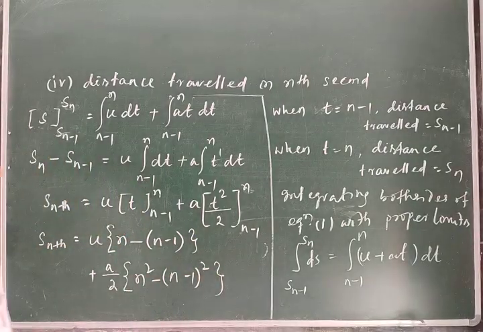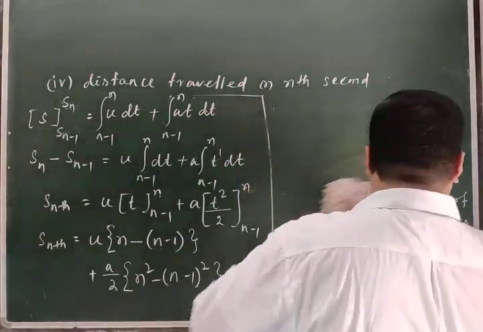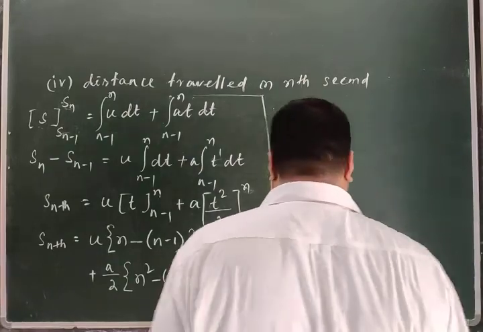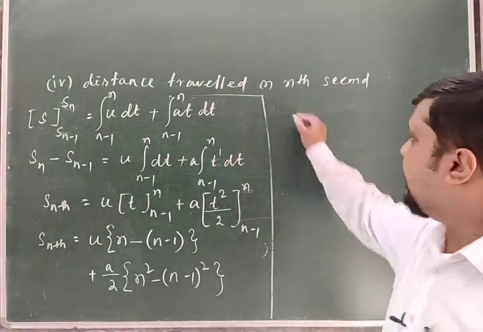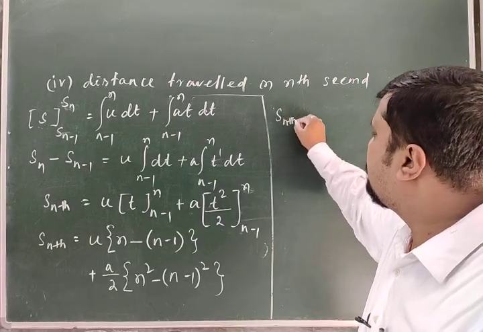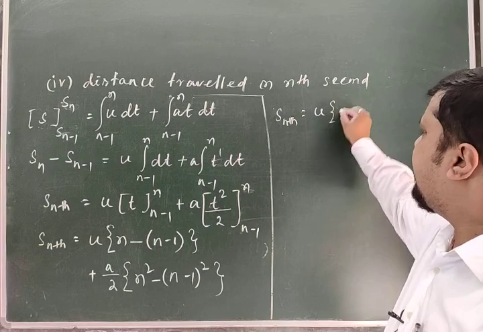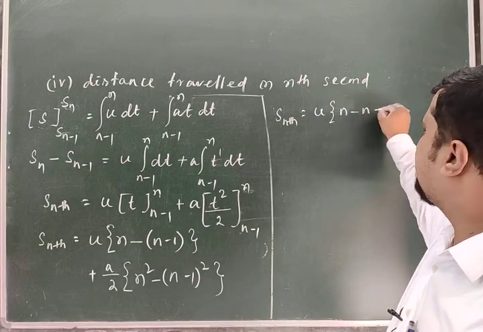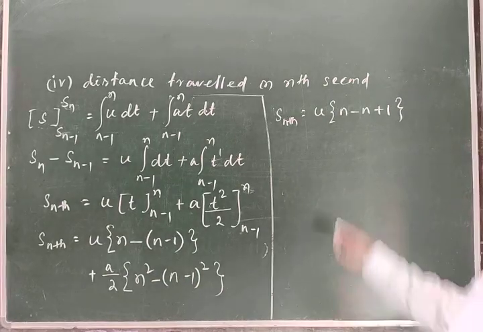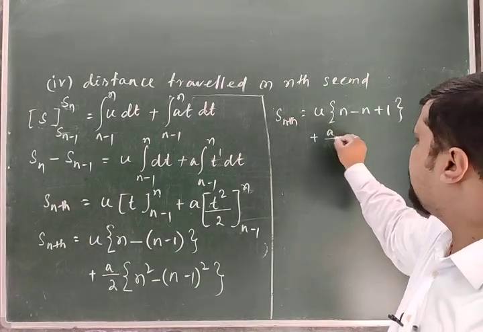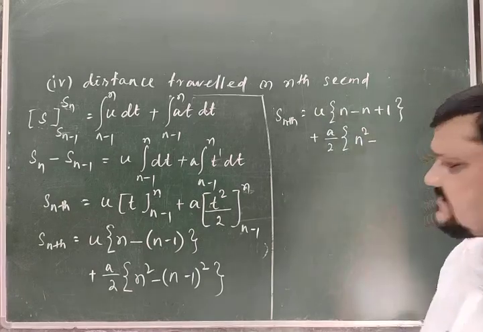Now you solve simple algebra. You are very much acquainted with mathematics, right? This type of mathematics is very easy for you. S(nth) is equal to u times (n minus n plus 1), and plus a by 2 times n squared minus (n-1) squared.